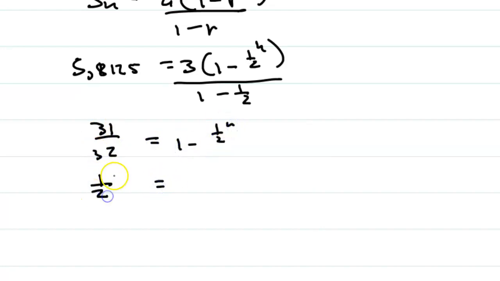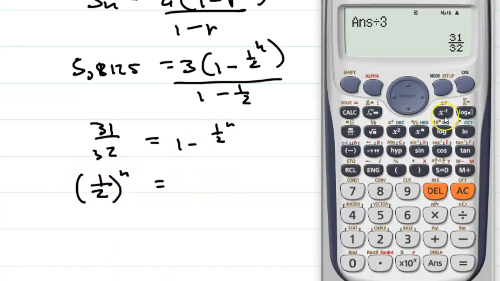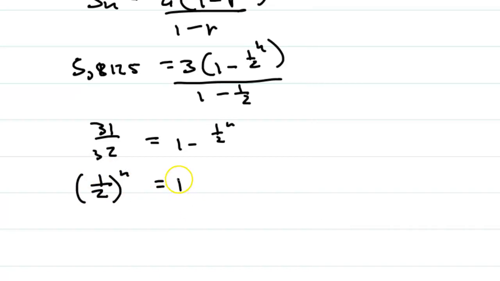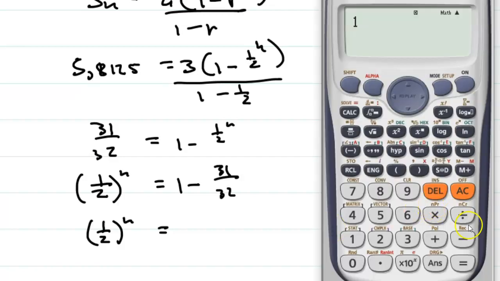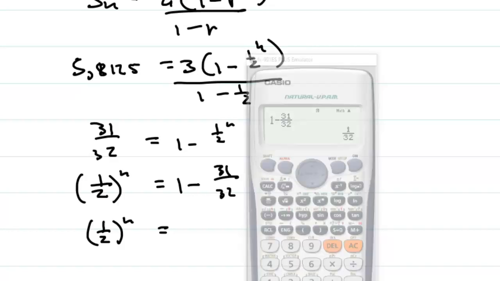Now we'll have half to the n equals 1 minus 31 over 32, which is 1 over 32.